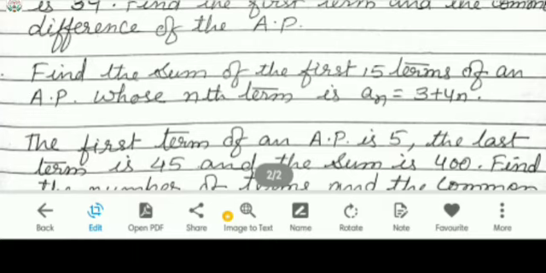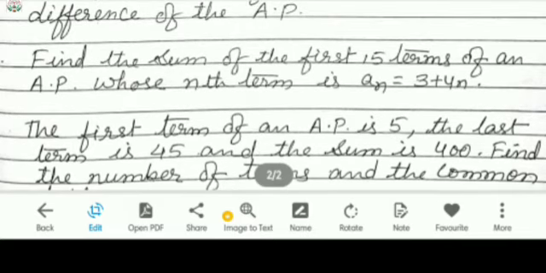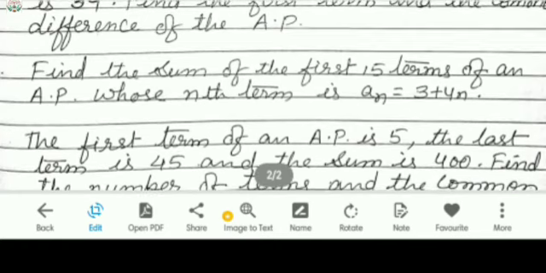The sum of the first 15 terms of an AP whose nth term an is 3 plus 4n. The nth term is given as 3 plus 4n, so A1 will be how much? In place of n put the value 1, that is 3 plus 4 into 1, which is 7.